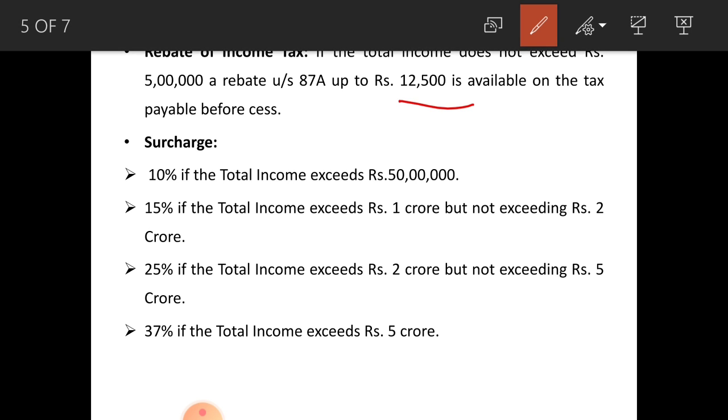Remember this point, 12,500. If their total income does not exceed rupees 5 lakhs, it is available on the tax payable before cess. Before applying this cess, you have to deduct this rebate of rupees 12,500.